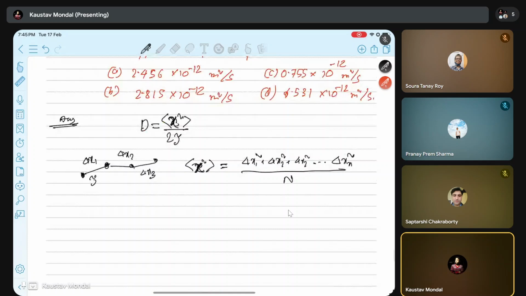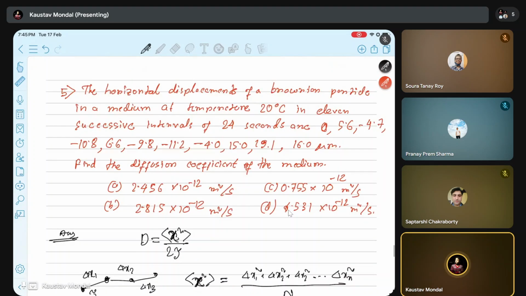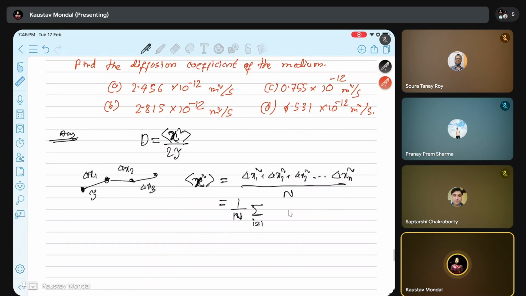Or in summation fashion, with 11 observations, the sum over i equal to 1 to n of delta xi square, divided by n.